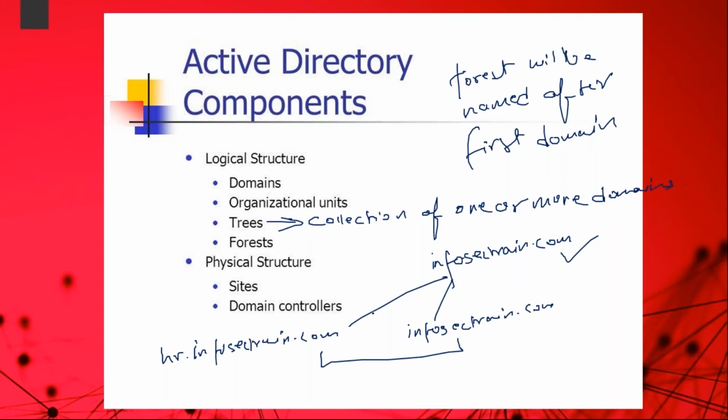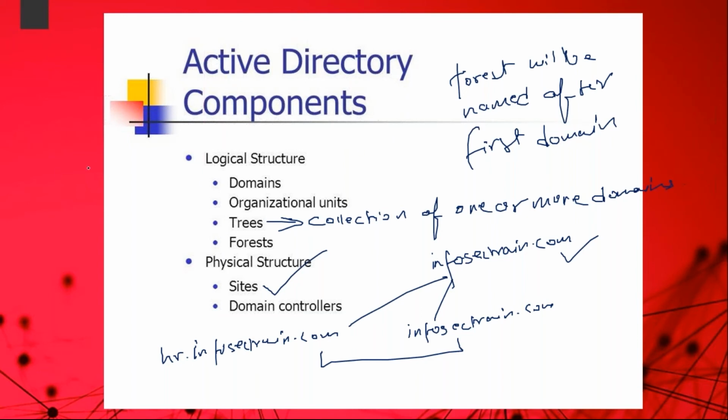So if infosectrain.com was the first domain created, the forest will automatically be named infosectrain.com, and we can then add additional domains and all the belongings to the infosectrain.com forest. Now we have something with the name sites. What are sites in Active Directory?